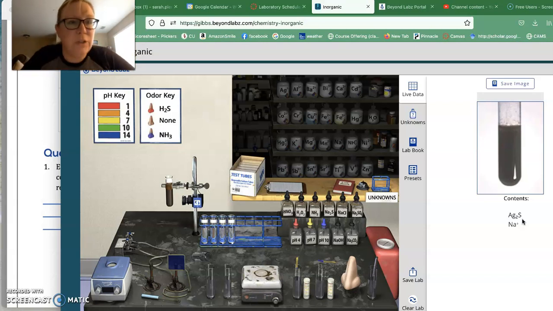So we name this silver sulfide. Silver is one of those ions that even though it's a transition metal, it is in the boot, which I talked about in our screencast in class. But what that means is that it only has one charge. So even though it's a transition metal ion, we do not use a Roman numeral with it. So that answer will just be silver sulfide.